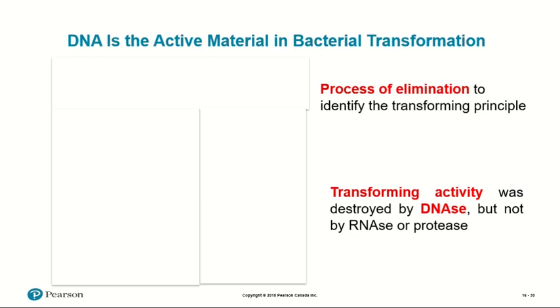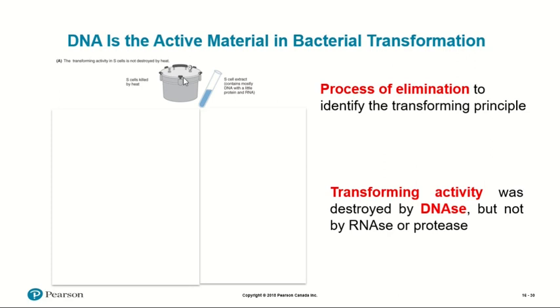How did they do that? There is a type of protein, as I said before, called enzymes. Those enzymes break into pieces, for example, proteins, or the RNA. The enzyme that breaks proteins is called protease, and the one that breaks RNA is called RNase. So what they did is they took the bacteria with the transforming activity, and they knew that even if you heat the bacteria, the transformation principle is still going to work.